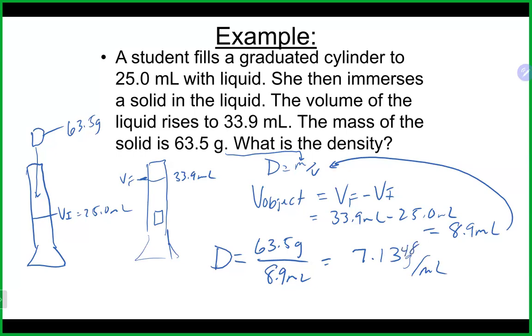We do want to look at significant figures, and in this case the last thing that we did was dividing, where the answer has 3 significant figures. This guy actually has 2 significant figures, so 7.1 grams per milliliter is where we should end up. It's really based off of the volume calculation that we did back here. We are subtracting, which means we go by decimal places, which is 1 decimal place.